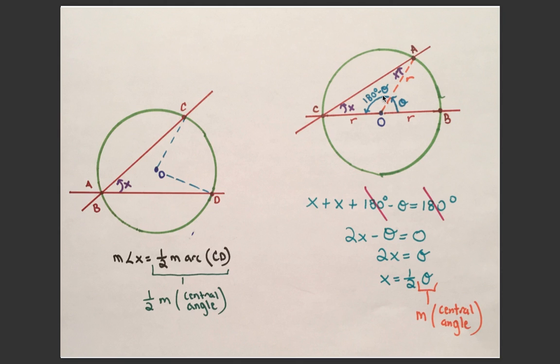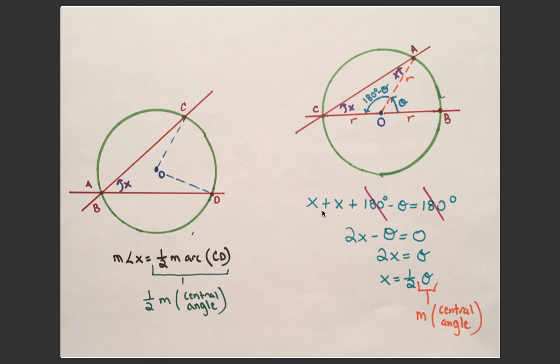And then we also see that triangle COA is an isosceles triangle because two of its sides are congruent. So we can say these two base angles are also congruent, and I've labeled them as such. And then we use our knowledge of the sum of interior angles of a triangle to derive the formula for x. And that's what I've done down here.